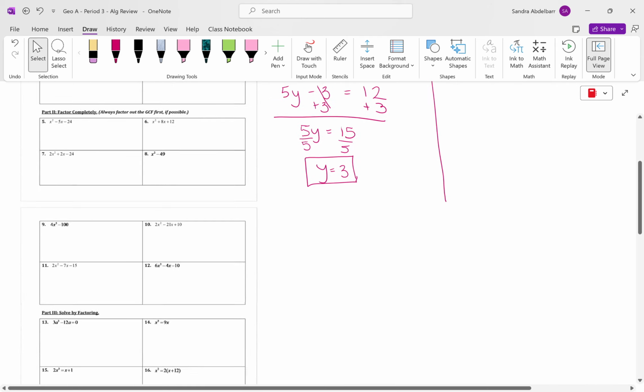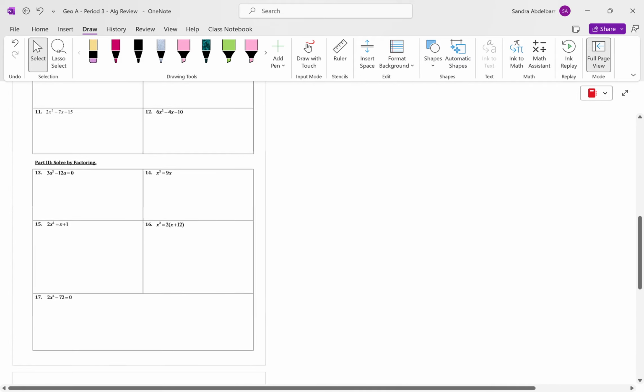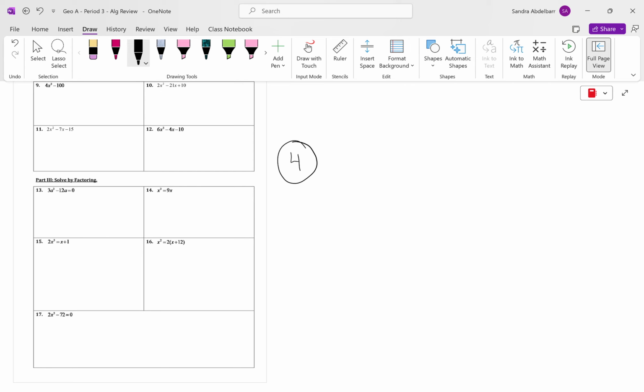Okay. All right, so now let's look at what happens when you have a fraction. So here, I'm actually going to do number 4 before 3. So here we're going to have 3 over 4x minus 7 over 12 equals 1.